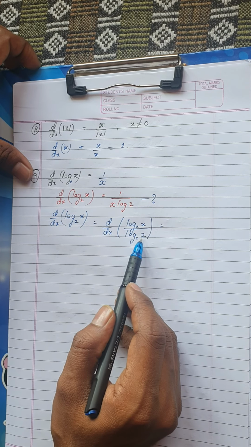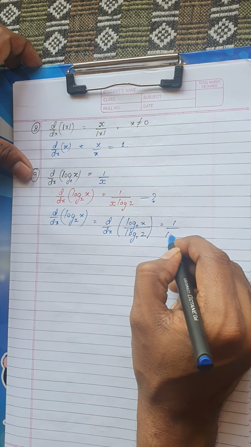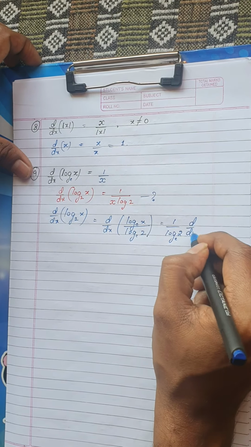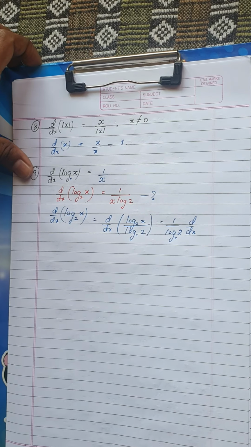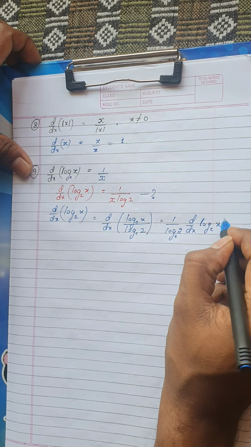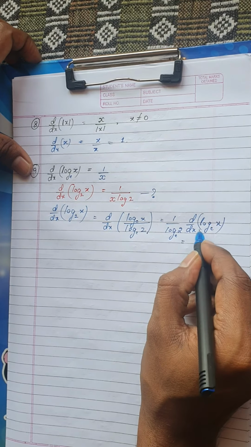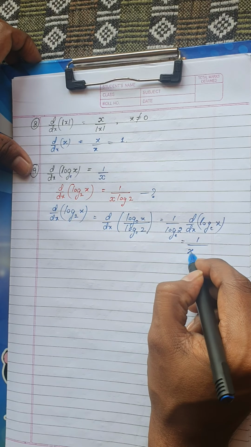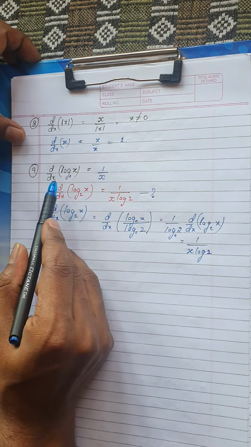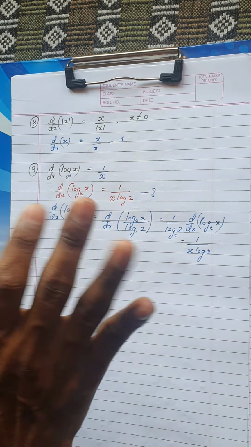We know log is a number, so log 2 is a constant. You can bring it outside. So 1 divided by log 2 to the base e. Now you are left with d by dx of log x to the base e. We know that the derivative of log x is 1 by x, and log 2 is already there. So remember, the derivative of log x to the base e is just 1 by x.